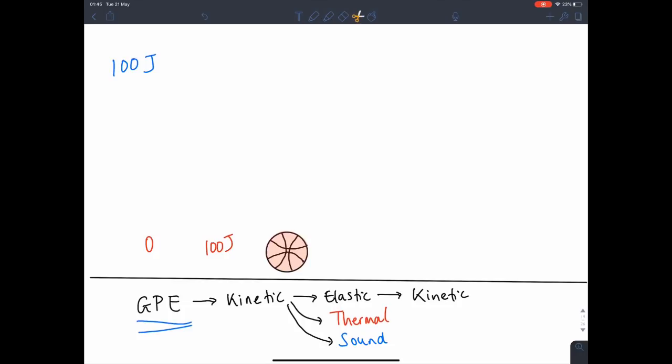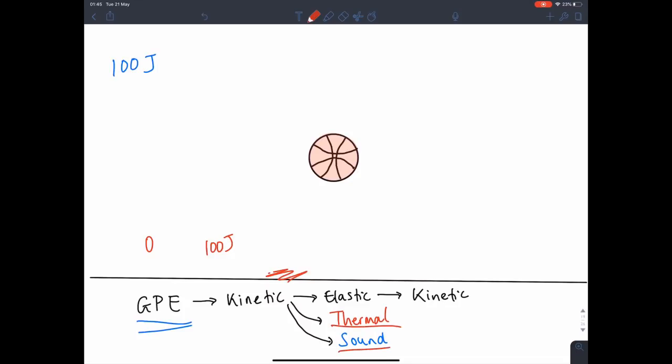Now, we know that when basketballs hit the ground, they usually bounce back up, and the reason behind that is because as it hits the ground, that kinetic energy is being transferred into elastic energy. So the basketball gets smaller, and then it flies back up. Now, we also know that when the basketball goes up, it doesn't return back to the same height. The reason behind that is because as it hit the ground, some of the energy was turned into thermal energy, and also a bit of sound energy.